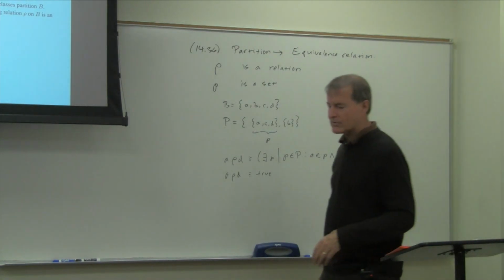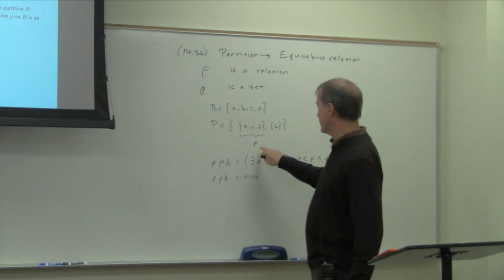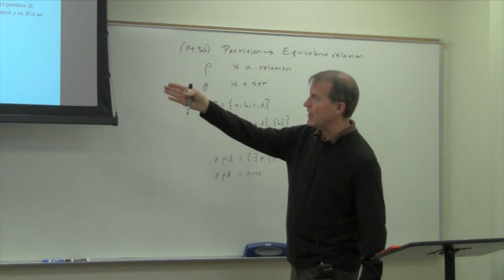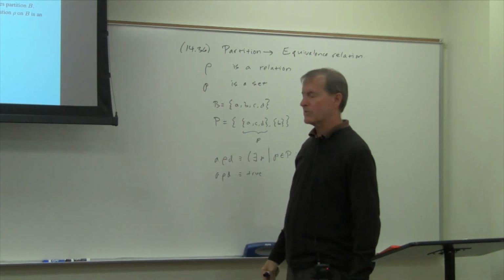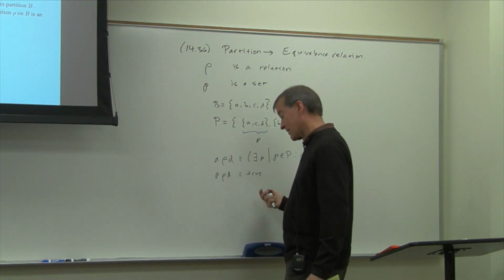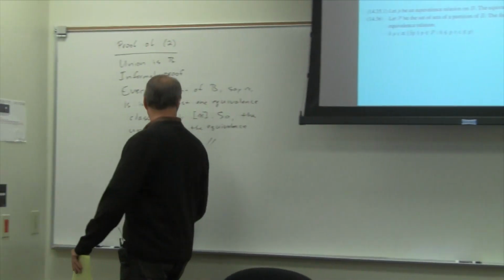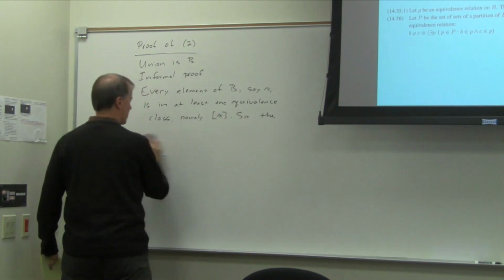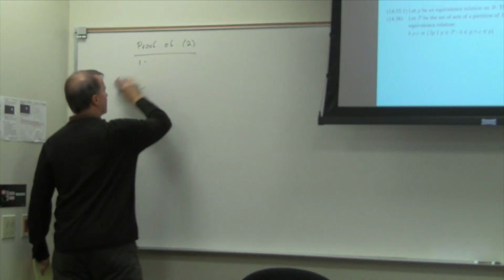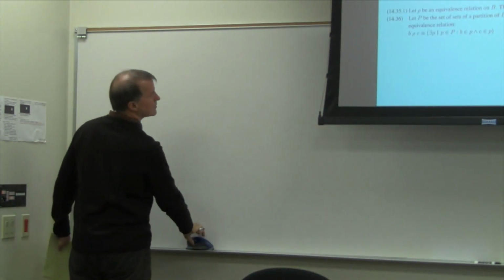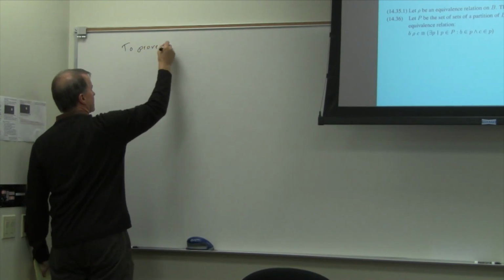Now, that's the definition of this rho. What would we have to do to prove that it's an equivalence relation? Can you tell me what we'd have to do to prove 14.36? We have to prove that it's reflexive.